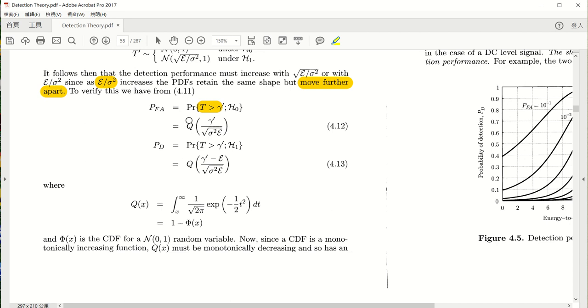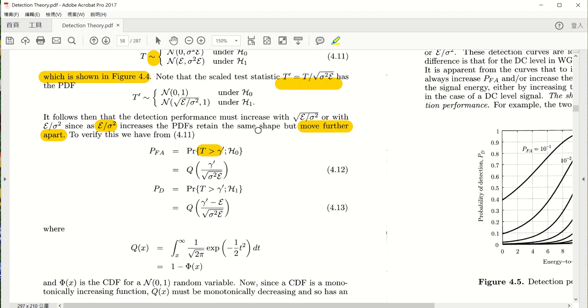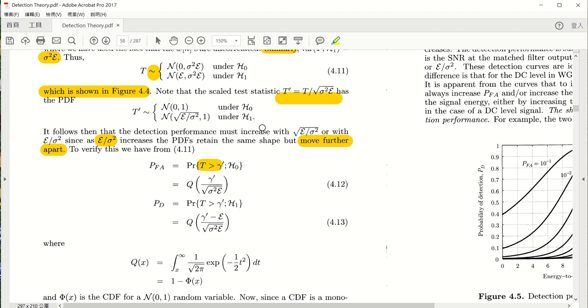So you have a Q function, right? You have a Q function because of what? Because of this distribution. You just divide it by this, then you get a Gaussian distribution with variance 1. So for this to be larger than 1, you divide this t by this square root of epsilon over sigma square.